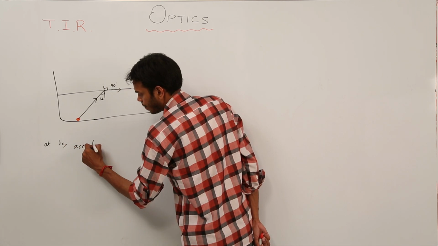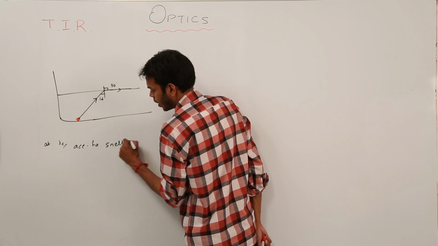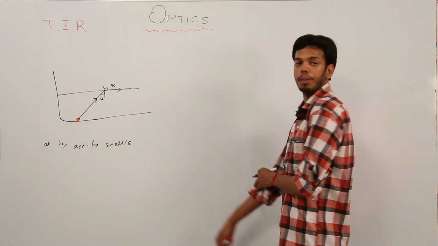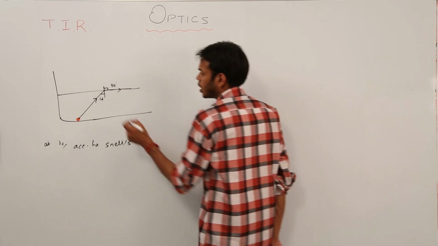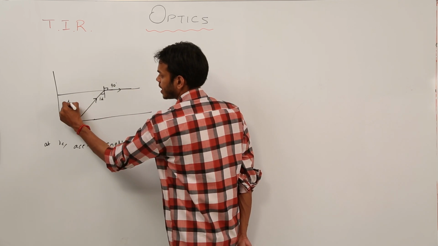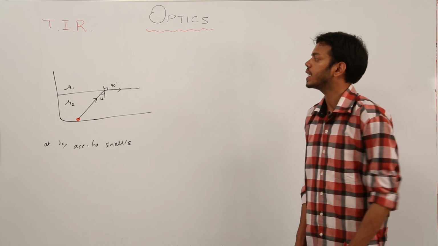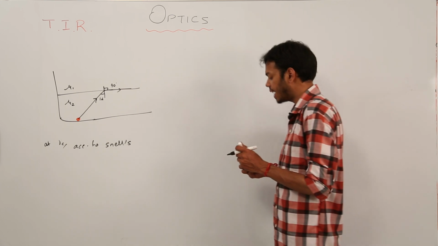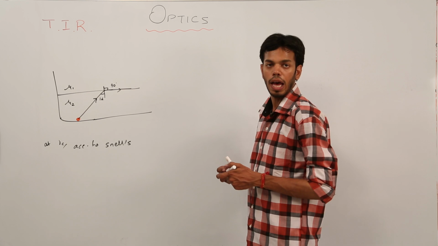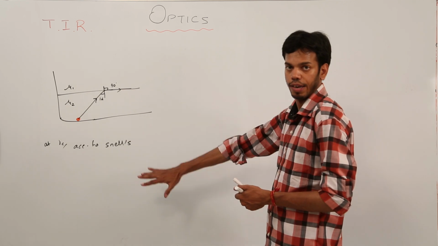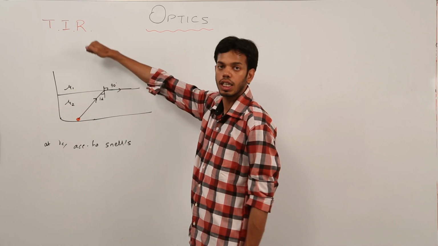According to Snell's law, now Snell's law is in the picture, so you are again going to use mu1 and mu2. This is the denser medium mu2, this is the rarer medium mu1. So what are the two necessary conditions which are definitely required for TIR to happen? Before I move on to the derivation, what do you think they are?